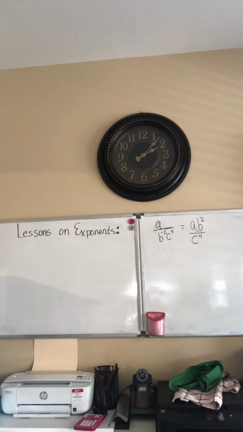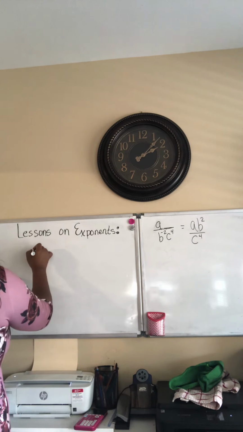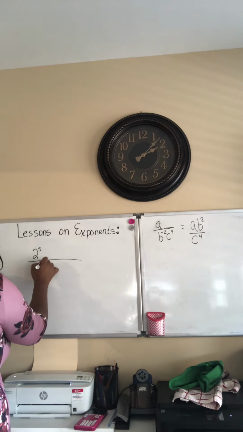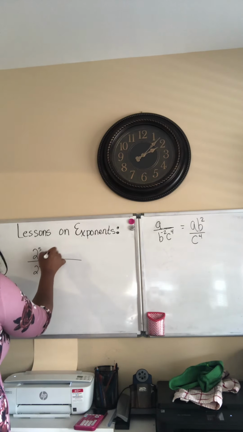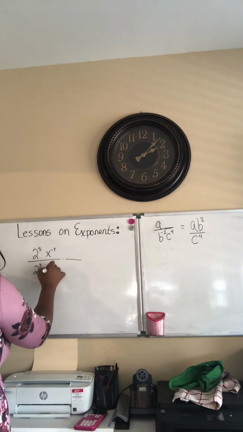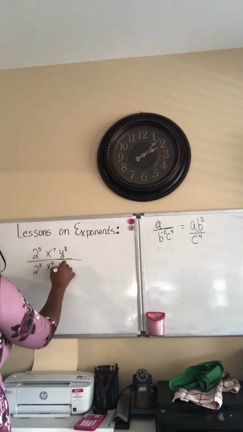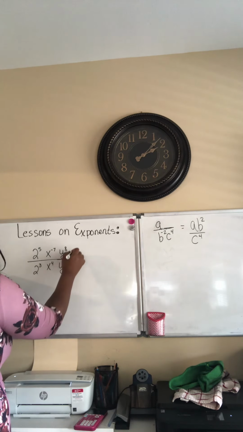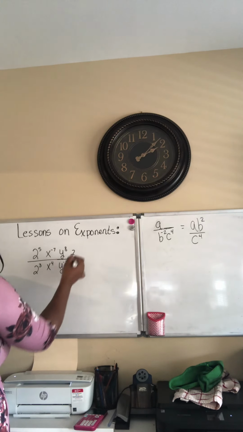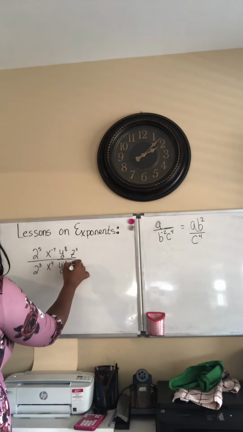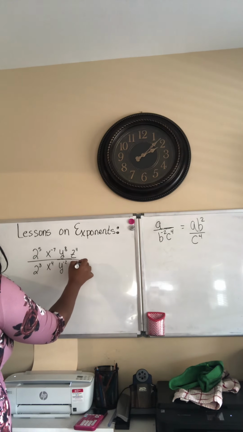So, let's say we had 2 raised to the 5th power over 2 to the 3rd power, x to the negative 7, x to the positive 4, y8, y negative 2, z4, z to the negative 5.